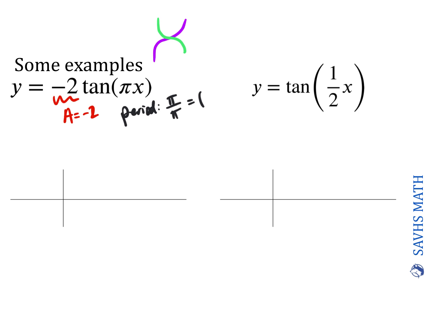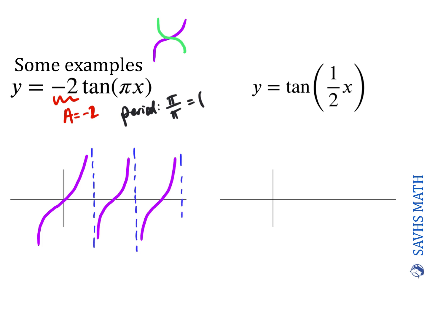So I'm going to draw a steeper version of our tangent function based on what we did in class just a minute ago. So here's our steep tangent function. This is not going to be perfect. That's okay. It's going to look like that. And then what we know is that we have asymptotes here and here and here.